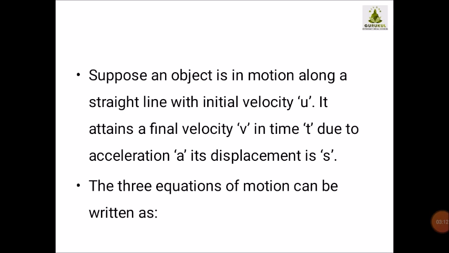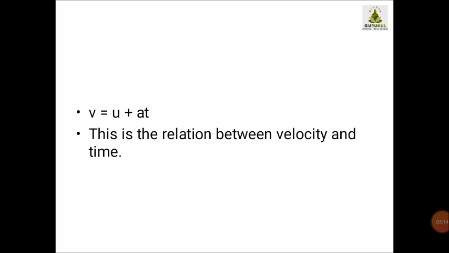Newton has given the 3 equations of motion, which can be written like this. First is v equals u plus at. Now v means what? Yes, very good, it is the final velocity, u is the initial velocity, a is acceleration, and t is time.